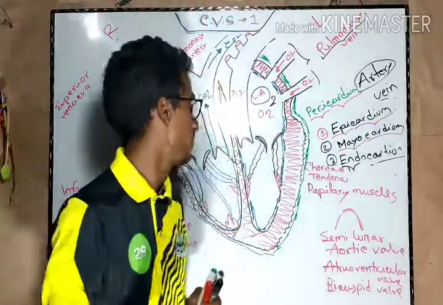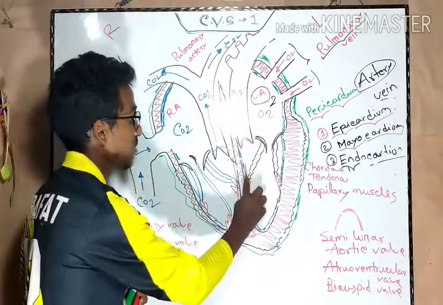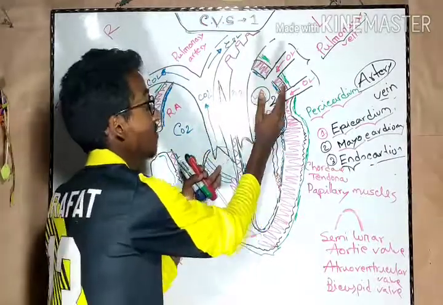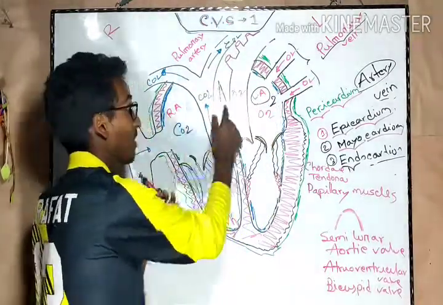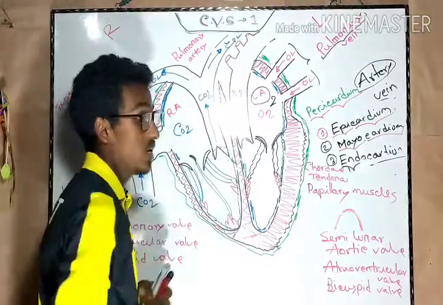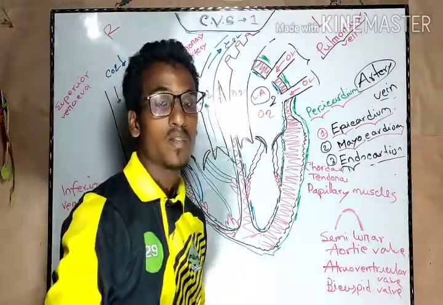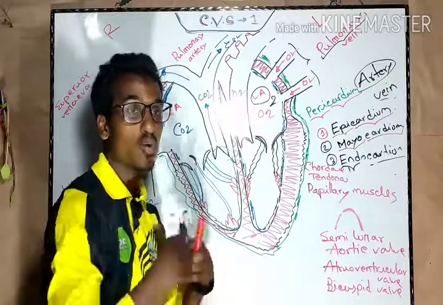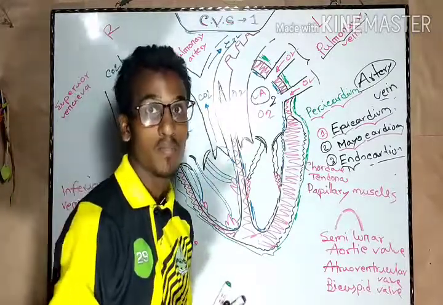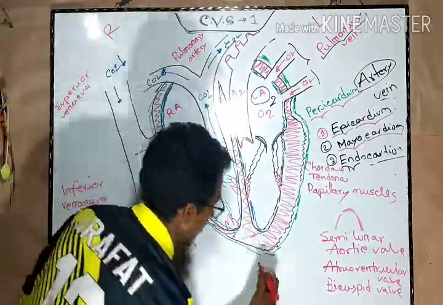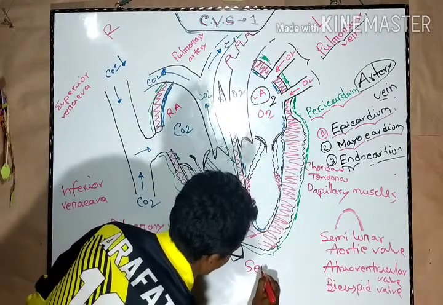Last, look at this structure which separates the left part and the right part. In anatomy, the structure which separates two parts is called the septum.